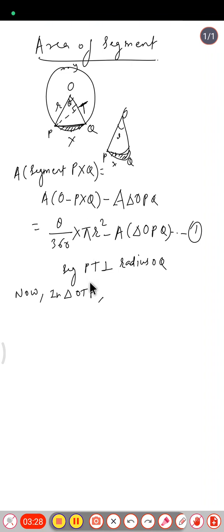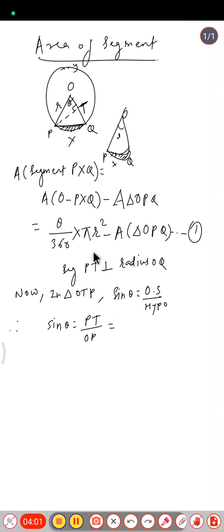Sine theta is opposite side upon hypotenuse. So sine theta, we have the theta angle here and the opposite side is PT. So sine theta equals PT upon hypotenuse, which is OP.